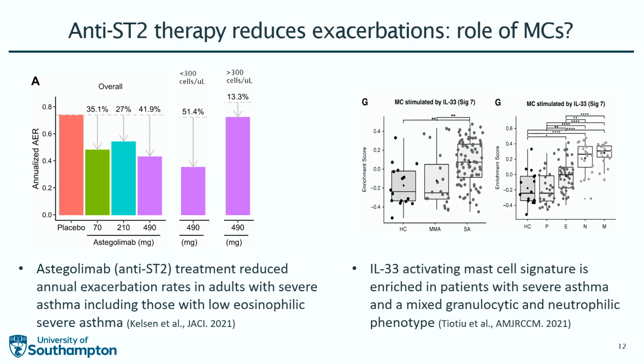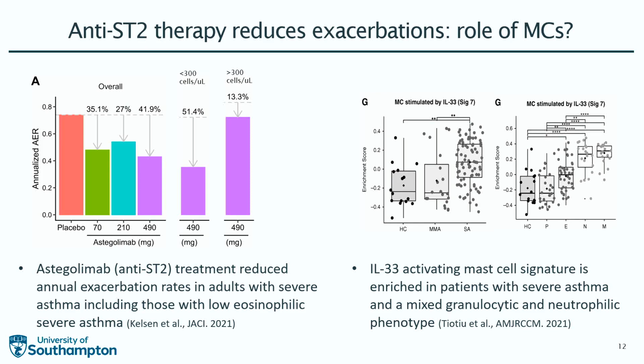And just to throw something in about mast cells: we know that in patients with severe disease, there is a mast cell signature which is IL-33 related. And if we enrich for the different types of inflammatory cells, it is IL-33 activated mast cells that are enriched within the neutrophilic or mixed eosinophilic, neutrophilic severe disease.